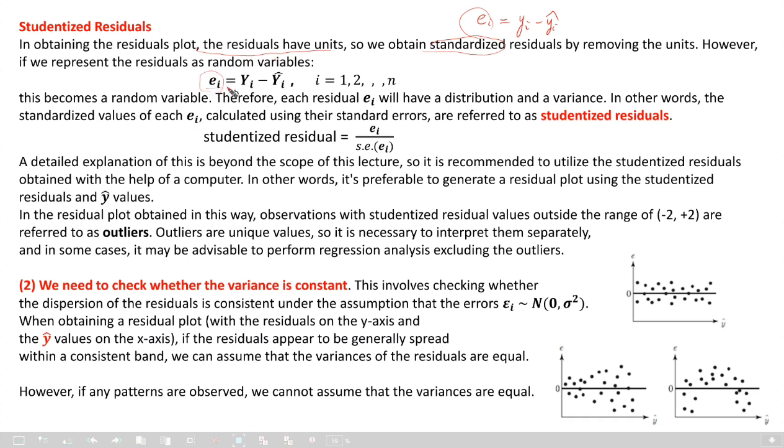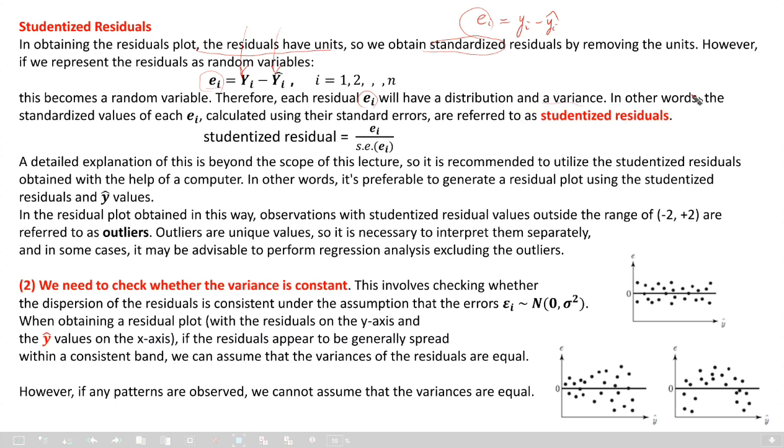So e_i equals capital Y_i, which is a random variable, minus Y_i hat, also a random variable. So e_i, for i from 1 to n, becomes a random variable. Therefore, each residual e_i will have a distribution. Any random variable follows some distribution and has a variance, of course.